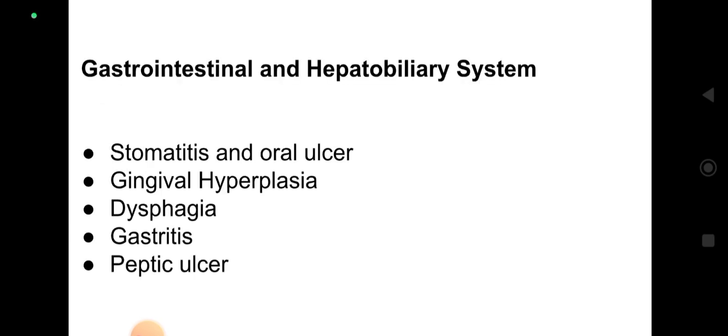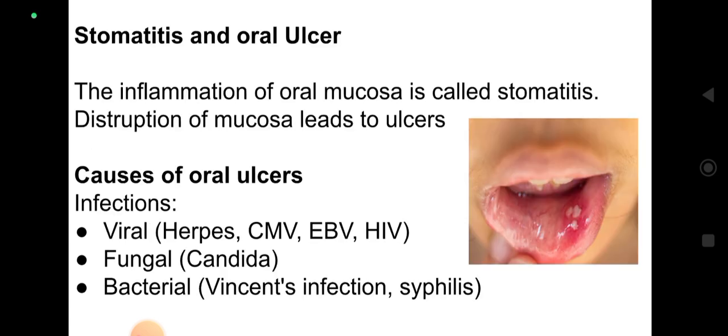Now about gastrointestinal and hepatobiliary system diseases like stomatitis and oral ulcer, gingival hyperplasia, dysphagia, gastritis, and peptic ulcer. Stomatitis is the inflammation of oral mucosa. In this, disruption of mucosa may lead to ulcers.